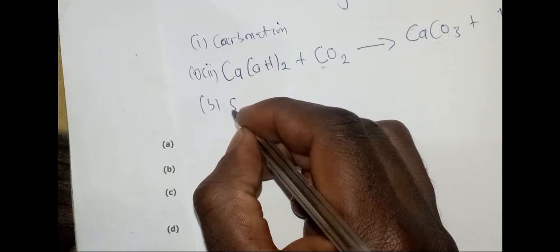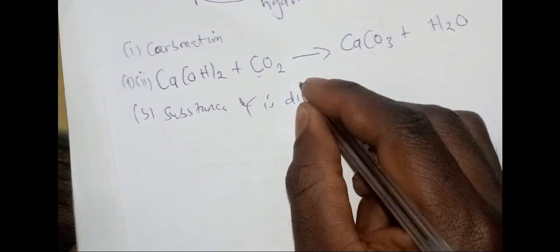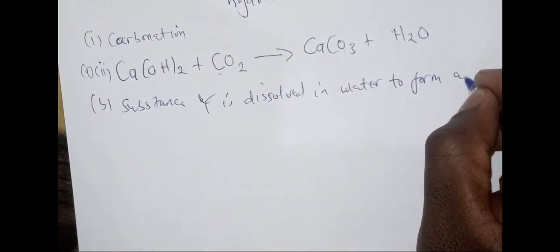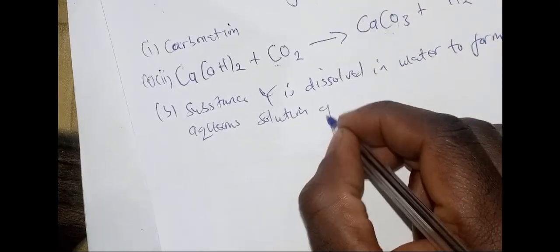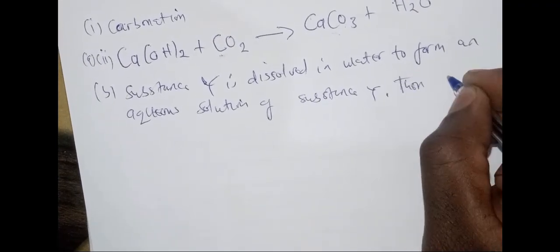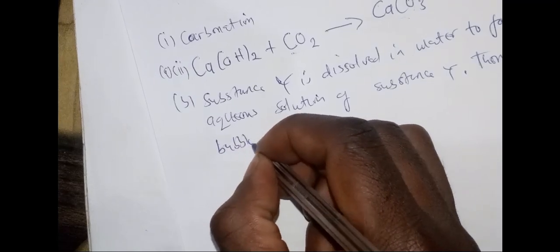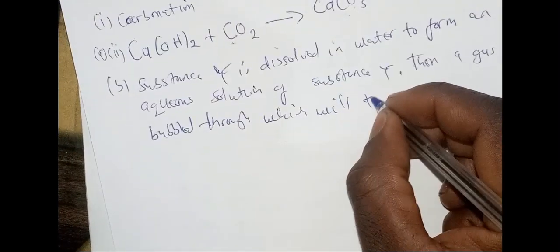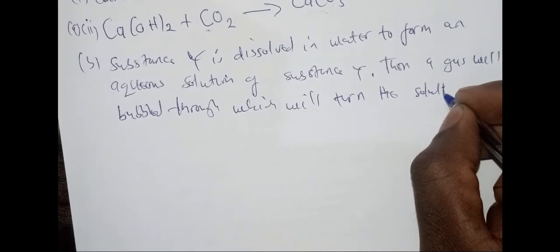So substance Y is dissolved in water to form an aqueous solution of substance Y. Then a gas will be bubbled through, which will turn the solution milky.